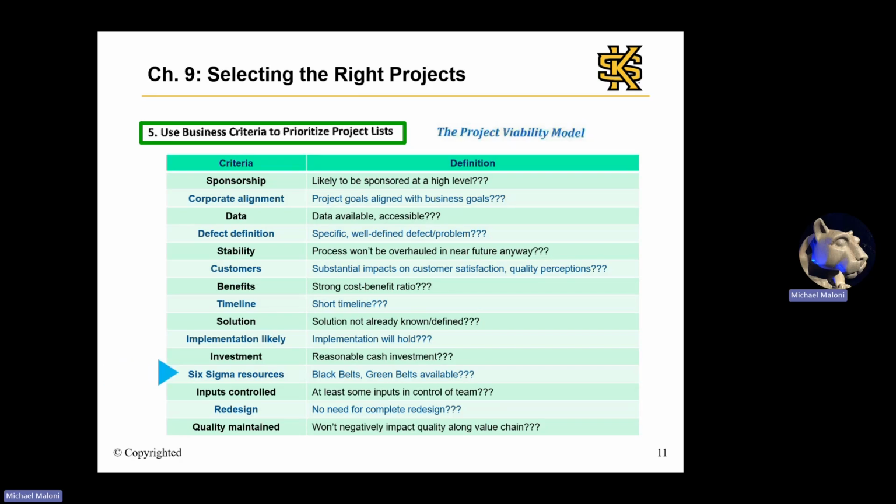Are black belts and green belts available? Inputs controlled. Are at least some of the inputs in control of the team? And next is redesign. Can the process be improved without a complete redesign? And finally, quality maintained. Will the results negatively impact quality elsewhere along the value chain?